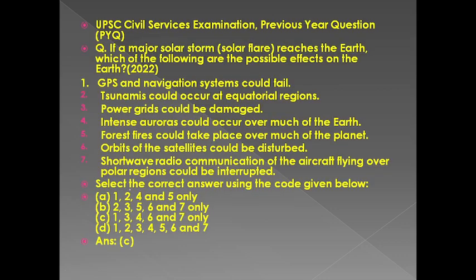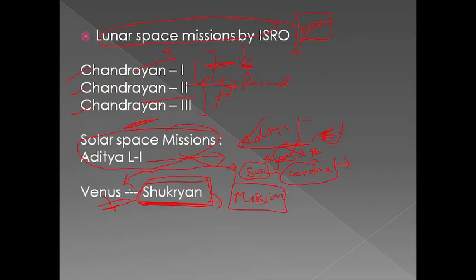Along with this, there are some other missions which were started by NASA also. So note down everything. For the planet Mercury, Mariner is the mission name which was started by NASA.